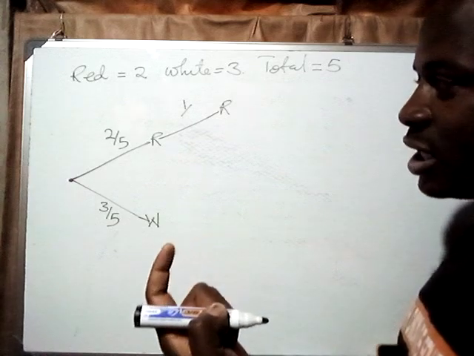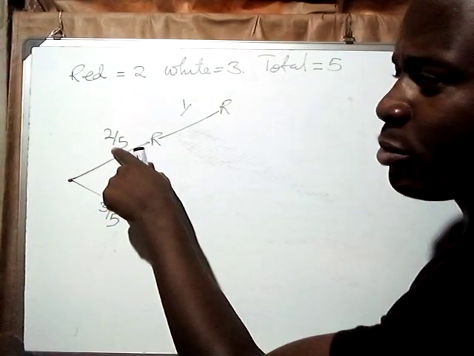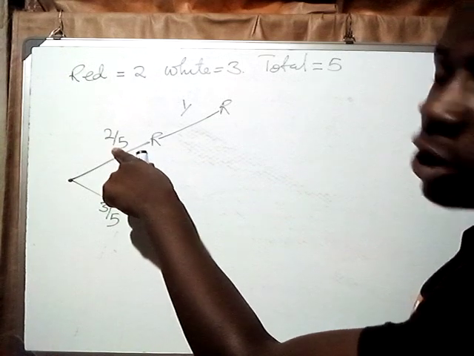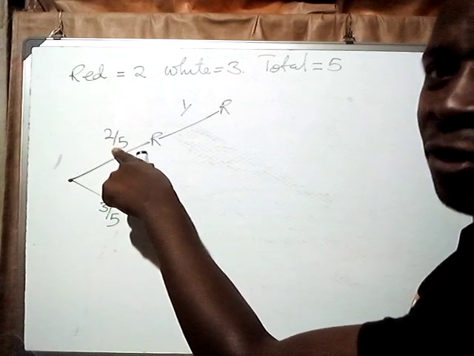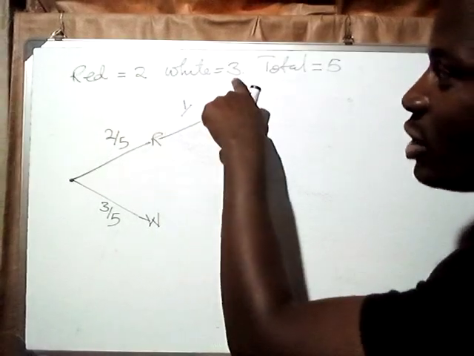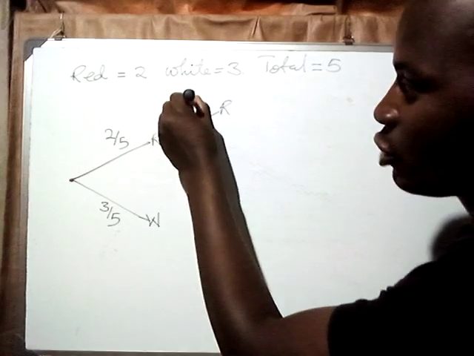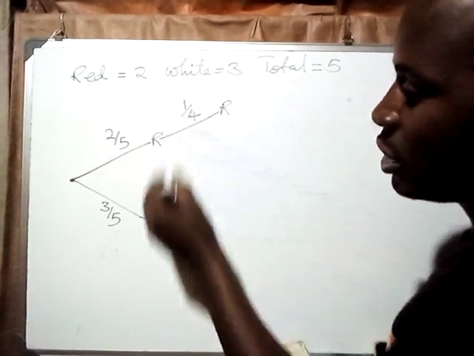So we have remained with 1. It is not going to be 1/5, no. It will be 1/4, because here you have 1, and there we remain with 3 intact. The white one will still be the same. So it will be 1/4.